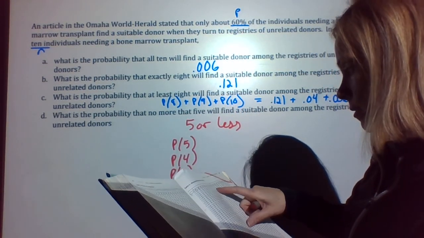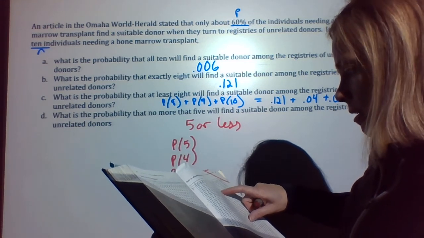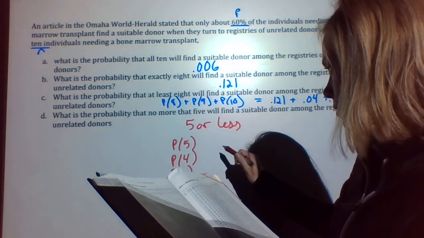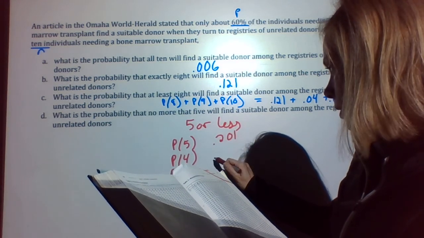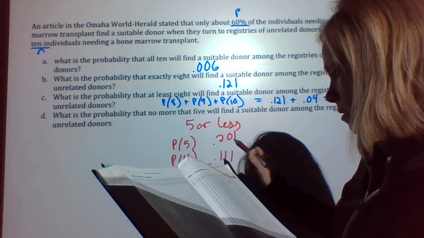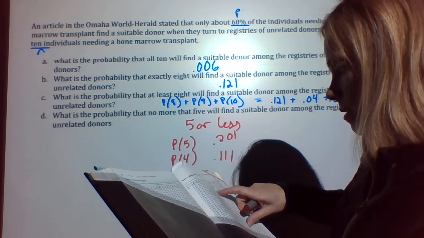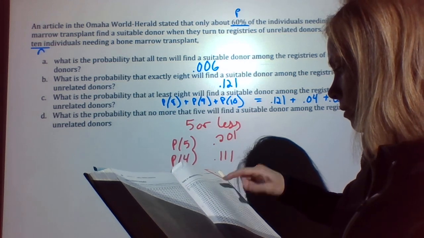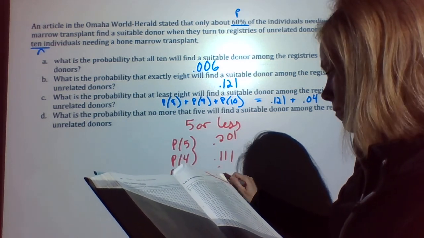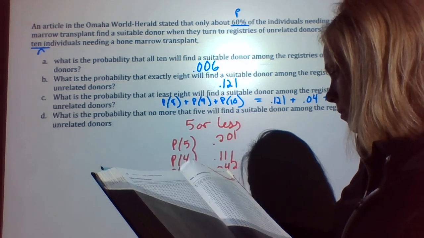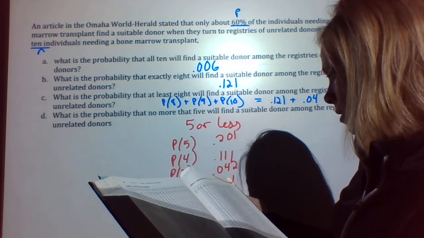5 or less, so 60%. 5 or less would be 0.201, 0.111. I keep losing my spot. 0.042, 0.011, 0.002, and 0.